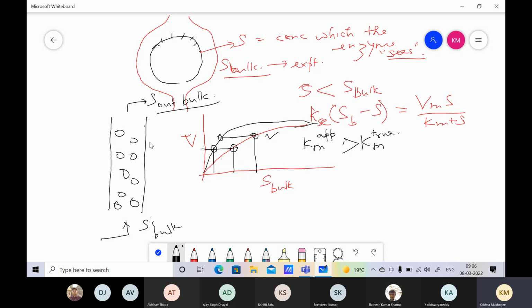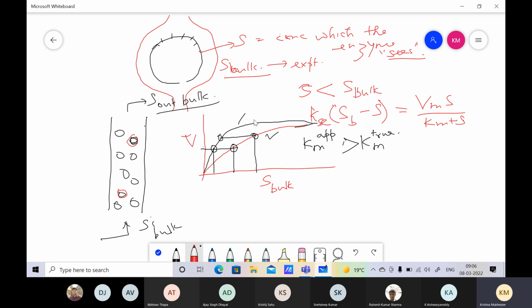The substrate concentration around this enzyme will be lower than this substrate concentration. So all the time there is a drop, and so your conversion rates will be lower. I want you to think about this problem and try to solve it. If you can't, come back to me.